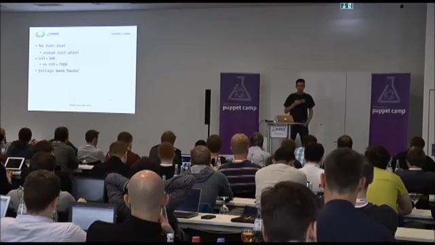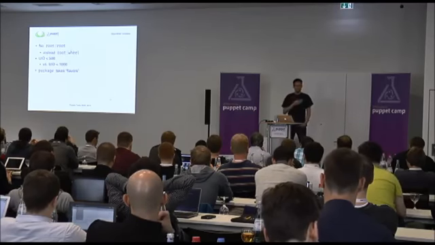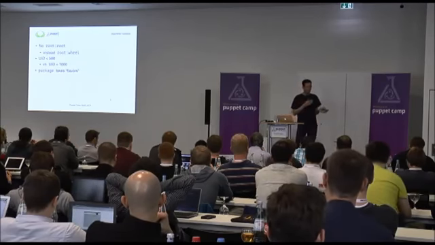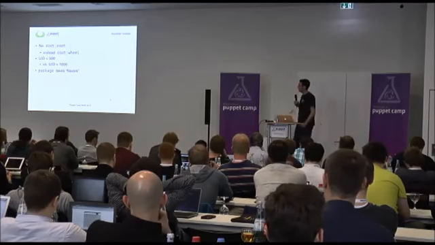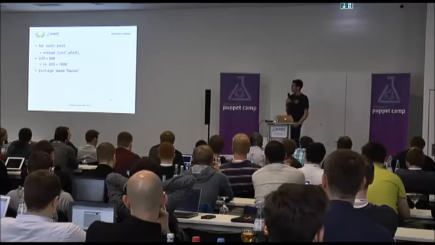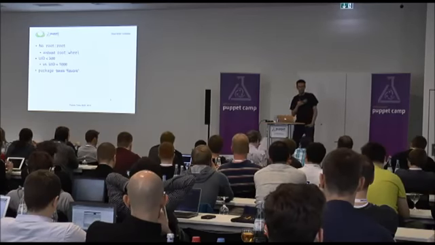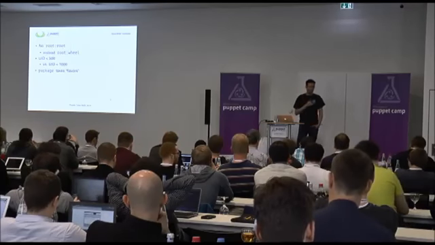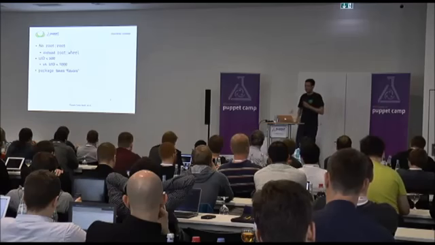Puppet will happily keep all the users below 500, but remove all the other users, which on OpenBSD means that even the system users with a UID ranging from 500 to 1,000 will also get zapped. There is a patch for this in OpenBSD ports. It's not yet submitted in a pull request, but it's on the list of things to send up. But it's another thing that people are generally not aware of.